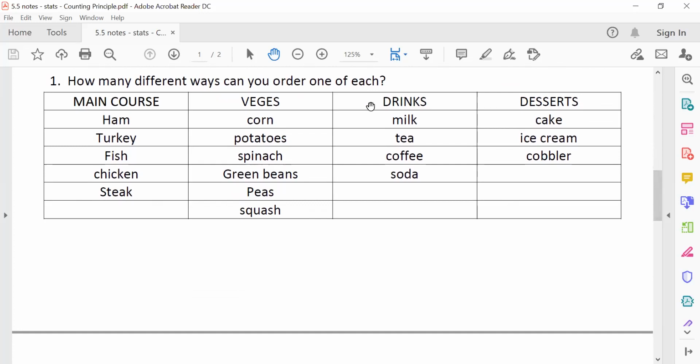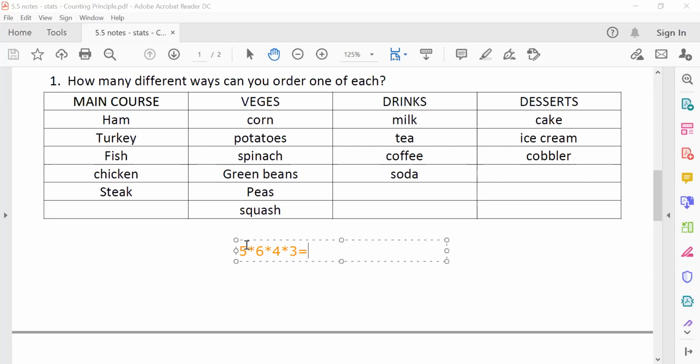Now let's go back in time maybe to simpler days when we would eat in a cafeteria. If you had 5 choices for a main course, 6 choices for vegetables as your side, 4 choices for a drink, and 3 choices for dessert, the total number of meals you can make is 5 for the main course times 6 for the veggies times 4 choices for the drink times 3 choices for the dessert.